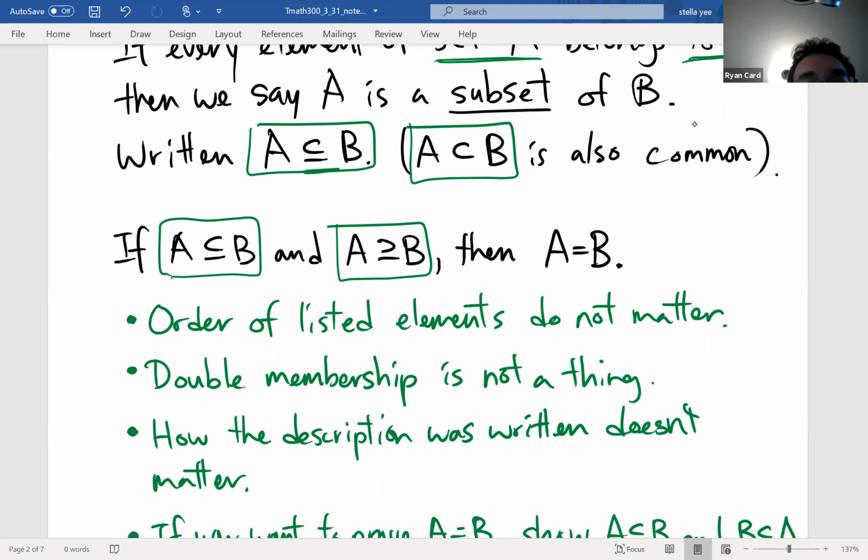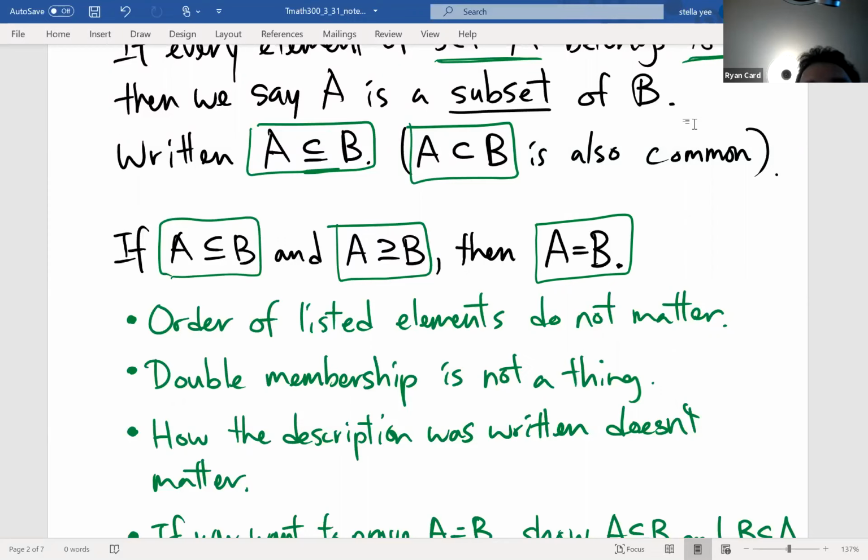So if A is a subset of B and A is also a superset of B, so everything in A is also in B and everything in B is also in A, then we say the two sets are equal, right? So that means that the name you give to a set doesn't really matter. The only thing that really defines a set is what's contained inside of it.